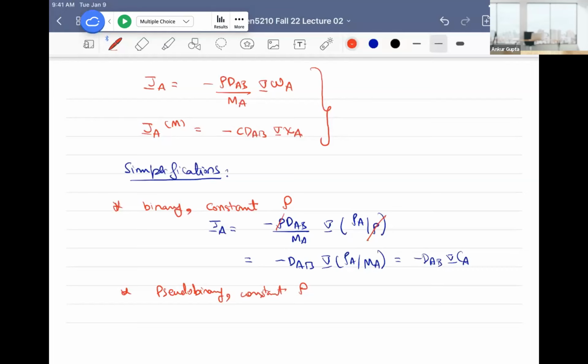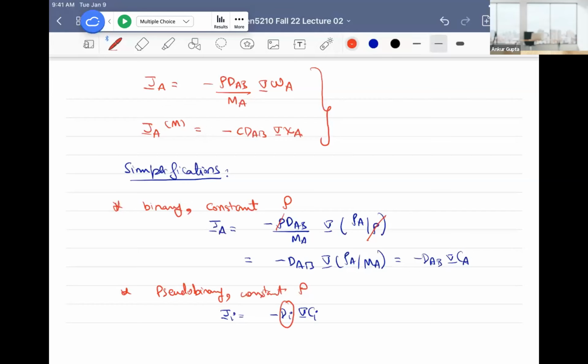It is not exactly constant, it is roughly constant throughout, and we can write the flux as Ji equals minus Di grad Ci. And this is the most common formula you might have seen, where you don't even specify the diffusivity in what. It is implied that the diffusivity is in that solvent, right?